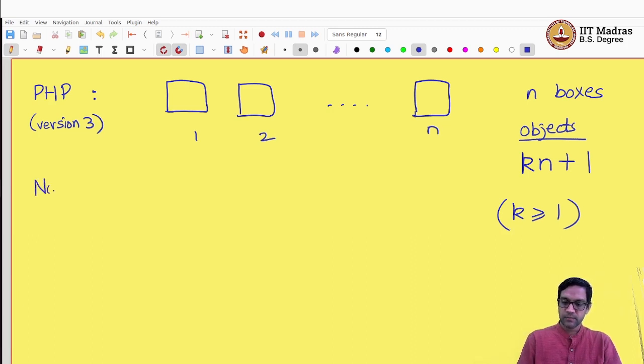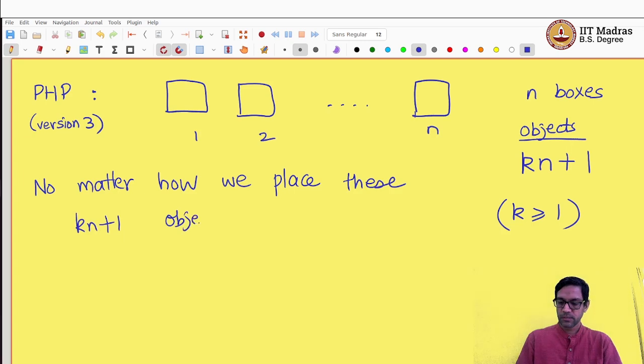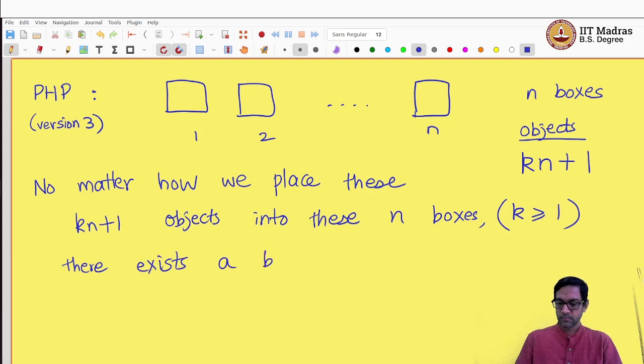Here's the principle: no matter how we place these kn plus 1 objects into these n boxes, there must exist a box containing at least k plus 1 objects.